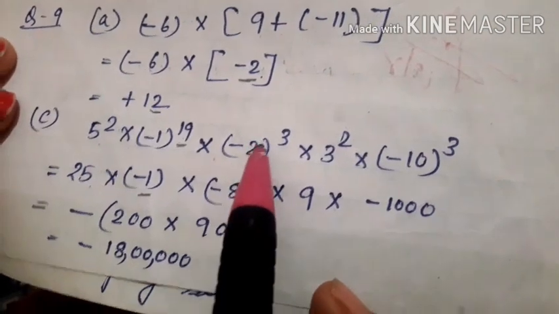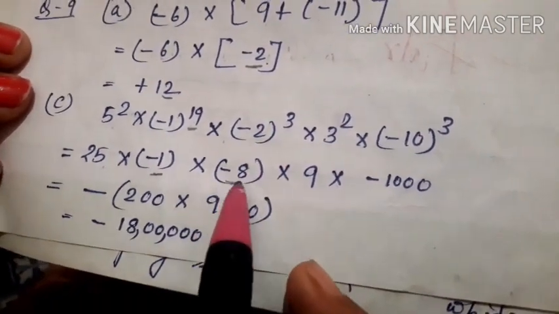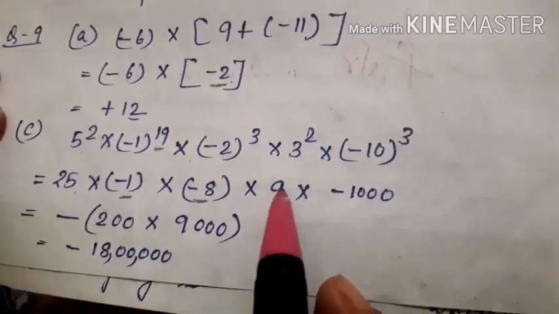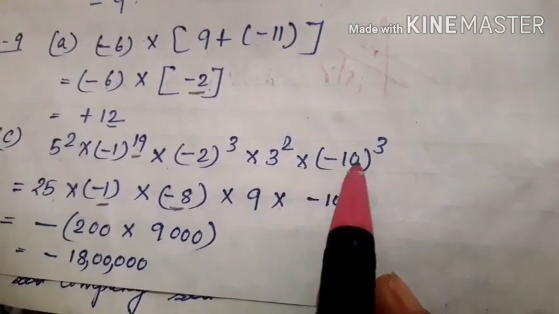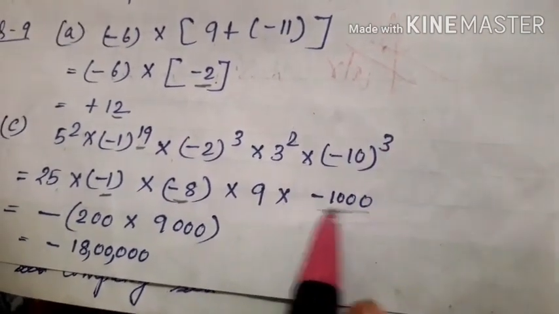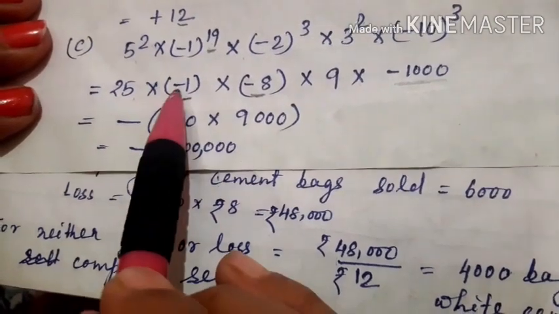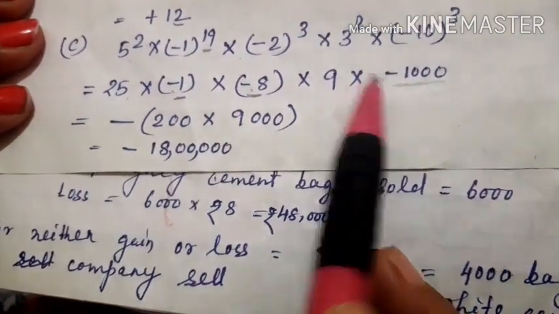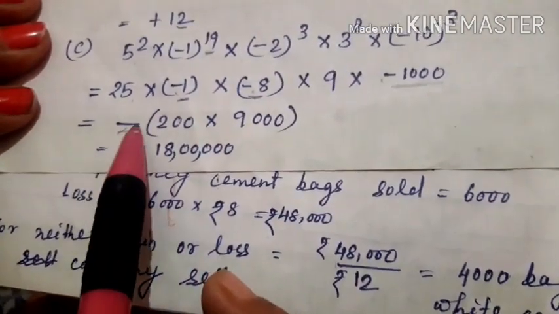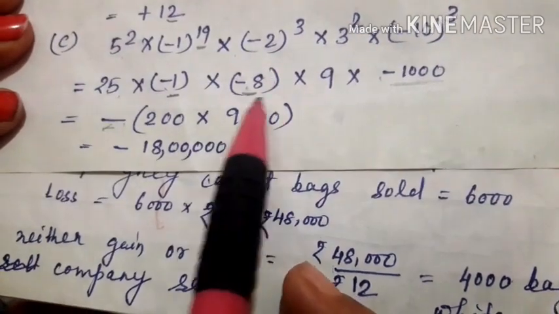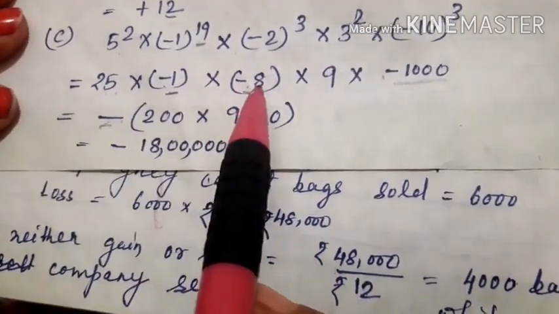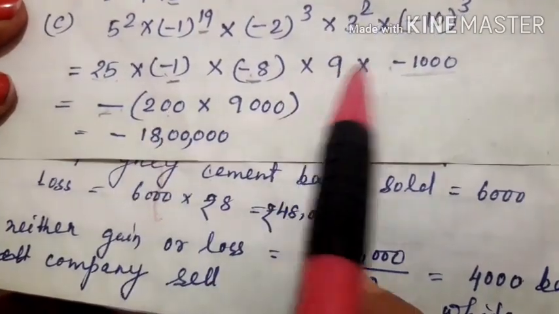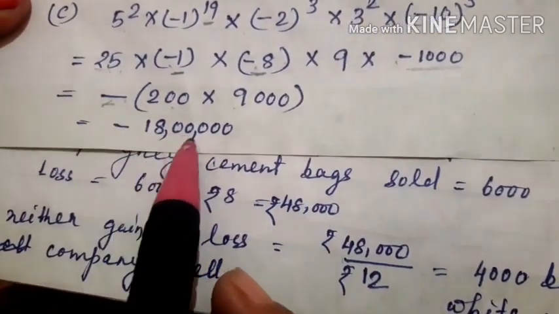Then -2 into -2 into -2, -8, into 3 square, 3 into 3, 9, into -10 to the power 3. It means -1000. Then minus into minus into minus means the result will be minus. Then 25 into 8 is equal to 200, into 9000, which is equal to 18 lakh.